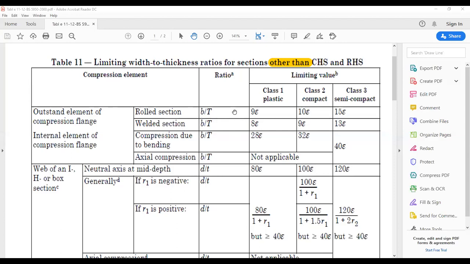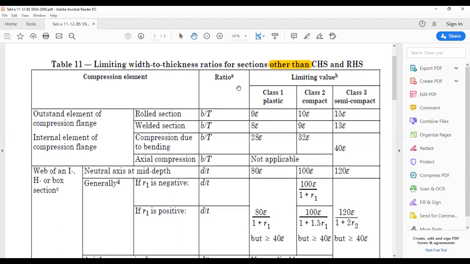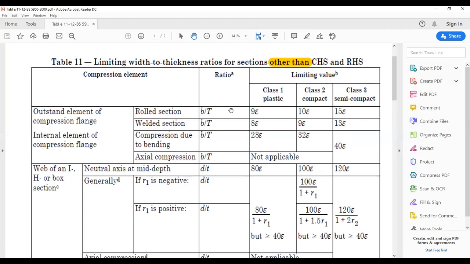So one of the properties that are used in classification is the ratio between the flange width to the flange thickness.